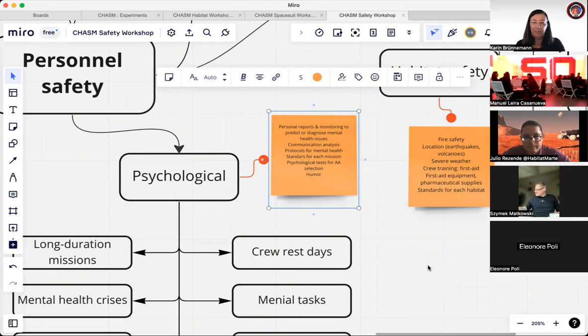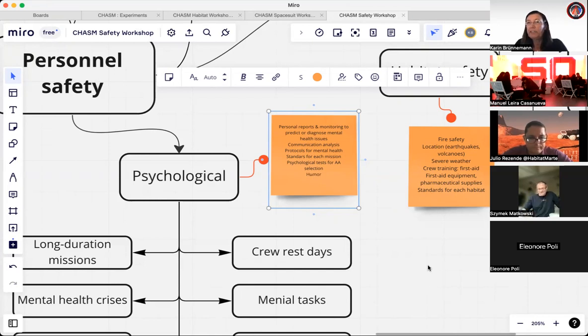But if and when it happens, we can learn a lot from dealing with it. And with these questionnaires, conversations, and psychological tests, you can catch quite a lot, but we can't catch everything.